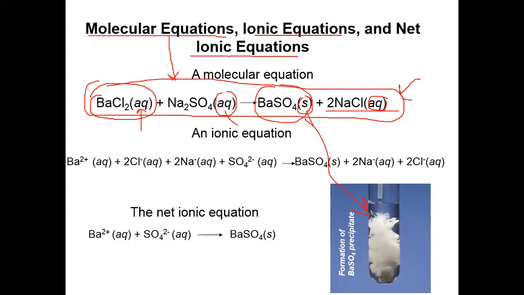So what is the ionic equation? The ionic equation tells us how we break down each of these compounds into ions. For example, the first one can be broken down like this: barium 2 plus aqueous plus 2 Cl minus aqueous plus, I'm sorry, this should be plus over here, this is wrong, this should be plus, Na plus, plus SO4 2 minus.